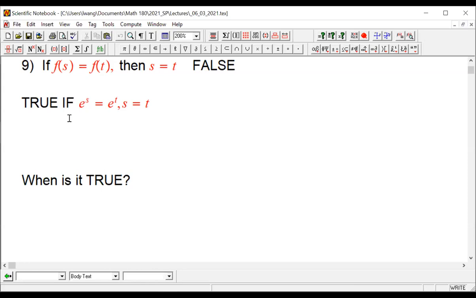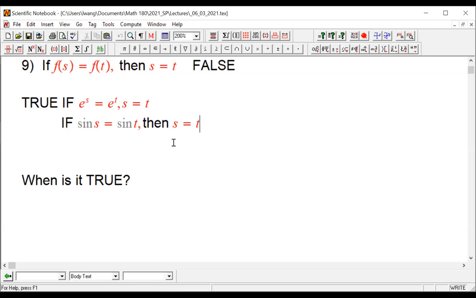Now, let me give you another situation. Could I say if sine s equals sine t, then s is t? Of course not, because sine is not an increasing function.